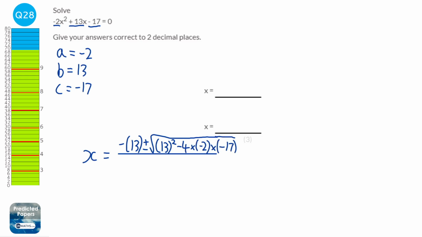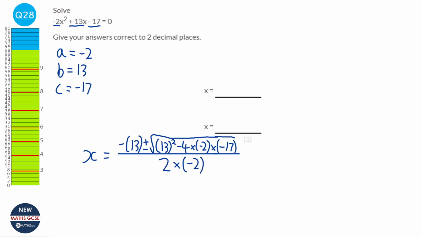The reason we put the brackets is that it's very, very easy to make mistakes with the negatives, and so if you put all the numbers in brackets, you'll never make that mistake, and it's going to be over 2a, so that's 2 times minus 2.